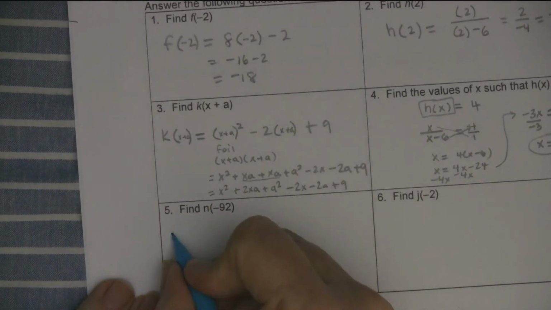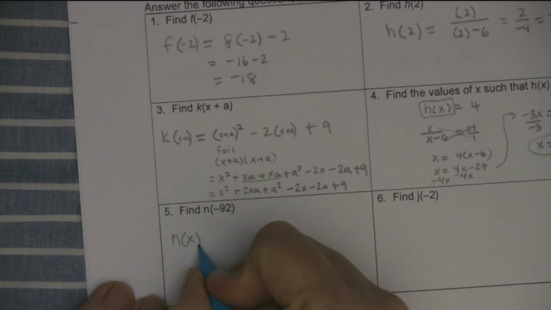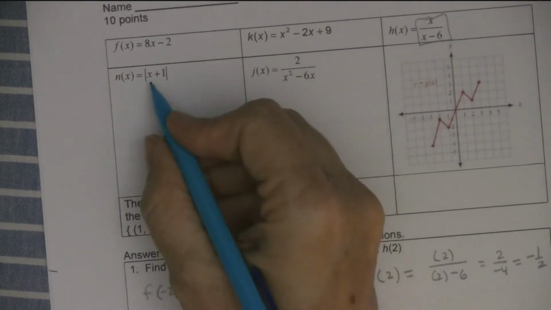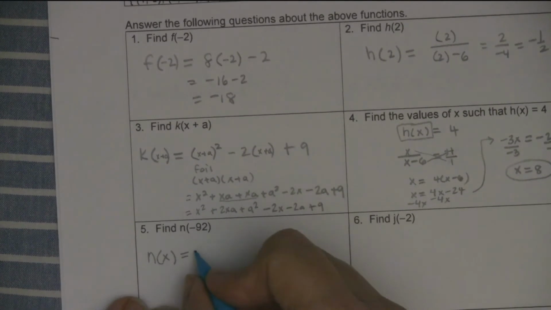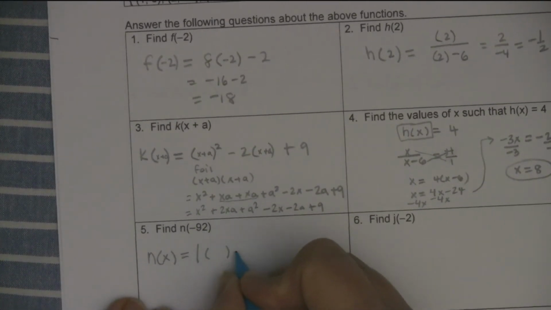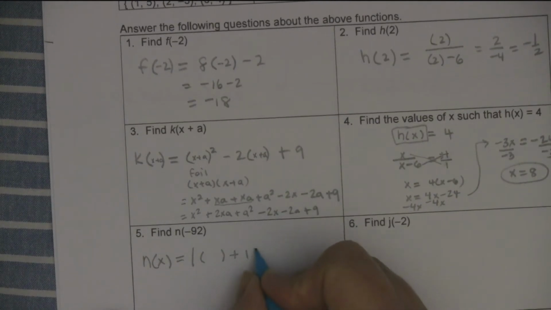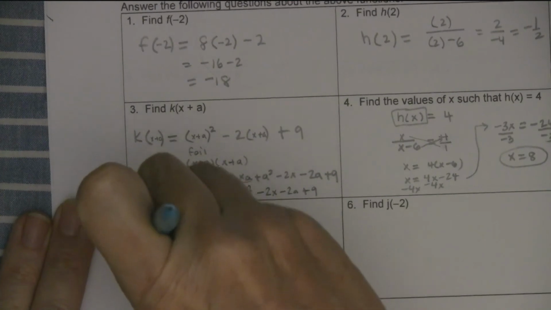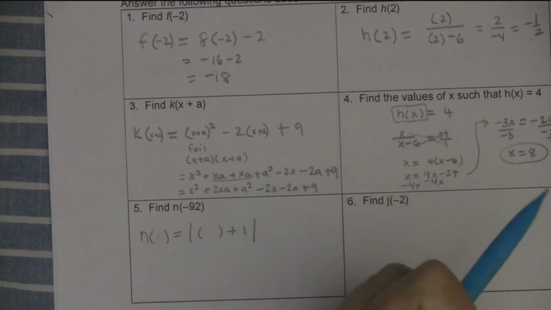N at -92, so n of the blank equals, so different, right? It's asking me a different thing. So here, the absolute value, and then I like to have a blank, and was it -1 or +1? It was +1, it doesn't matter what it is, whatever it is, I'll do it. And I meant to put a blank here instead of writing the x.